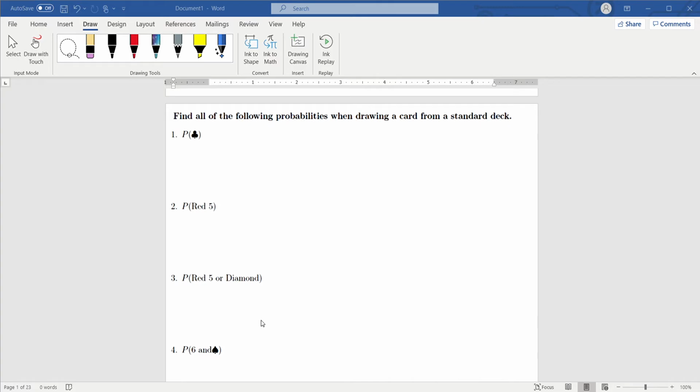So now let's find some probabilities. So we have first the probability of a club. And it says drawing a card, which means a single card. So first, always figure out what is the sample space of this.